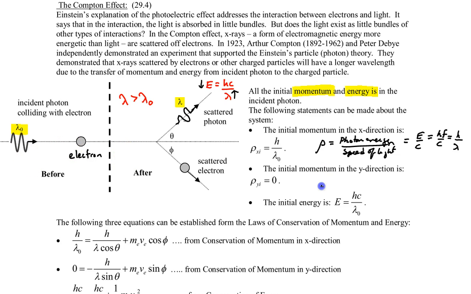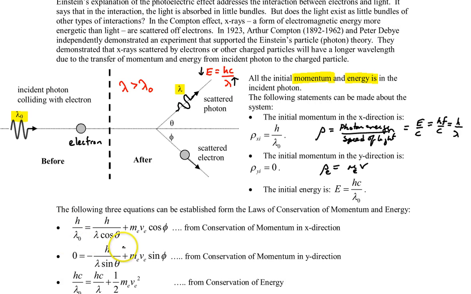And also recall that the momentum of an electron, which has mass, is simply just mass times velocity. So the momentum of the electron is the mass of the electron times the velocity. But you'll see that this electron is moving at an angle, so we'll be using the x and y components. So looking down below, you can see that what we have here is a conservation of momentum along the x-axis. There's the incident momentum of this photon completely along the x-axis.